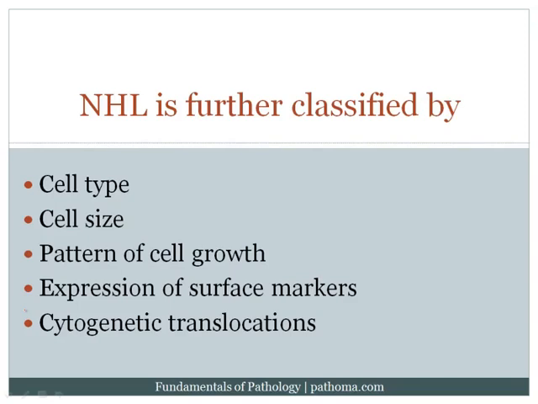So I'm going to base my division of non-Hodgkin's lymphoma on cell size. In our discussion, we're going to be focusing on the B cell types, which are the vast majority of non-Hodgkin's lymphoma. Part of that discussion will also be based on pattern of growth. But this will become clear just in a moment.